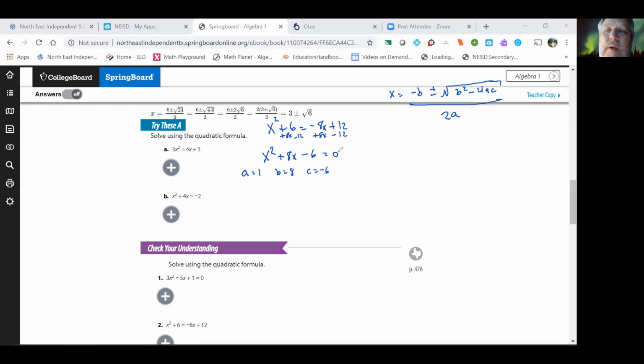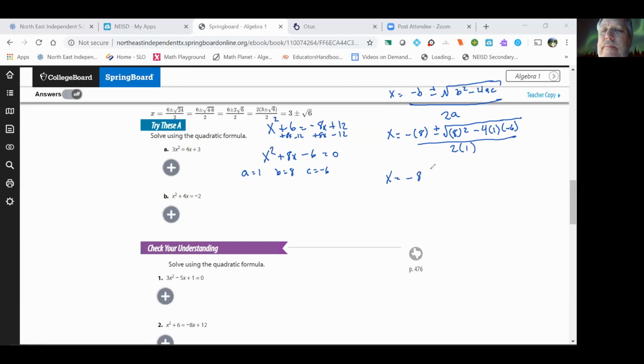All right, so let's go ahead and plug this into the formula. X is equal to negative 8 plus or minus square root of 8 squared minus 4 times 1 times negative 6. All that over 2 times 1. So we'll go ahead and start simplifying it.